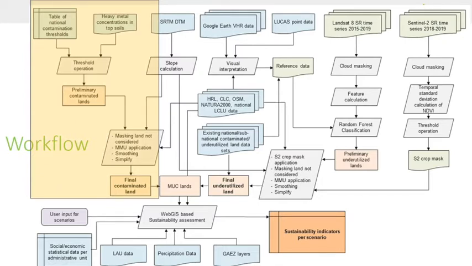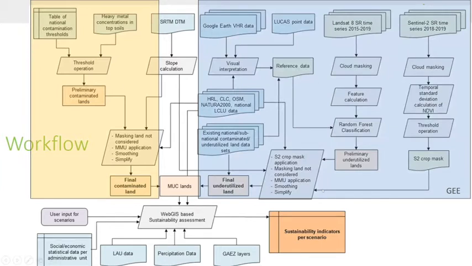And we have a large part here, which is the underutilized land, where we use Sentinel data, a sensor from the European Copernicus Earth Observation Program, and also Landsat data, which is an American satellite, together with a lot of other information sources, and classify the areas which are not utilized, and then combine that with some other existing maps.